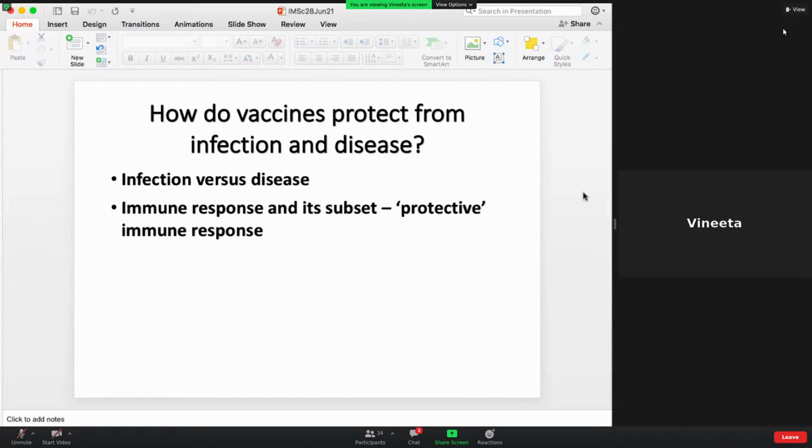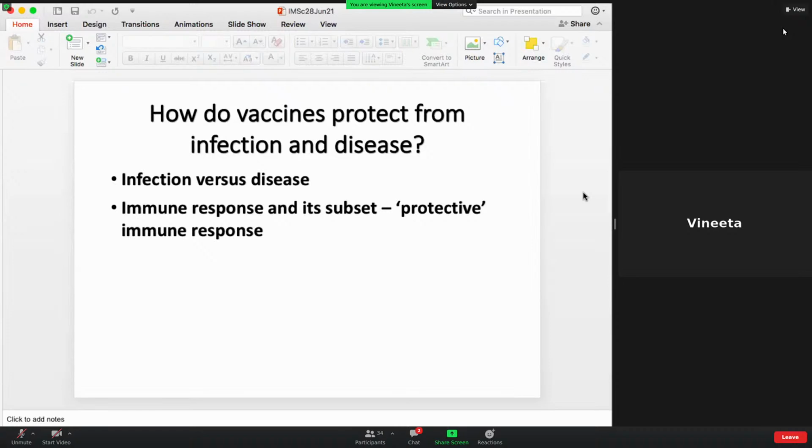Many infections come our way, and most of them go without development of disease. The immune response generated against the infectious agent is the one which normally prevents the development of disease. But the immune response is directed against multiple components of the infecting agent, proteins, carbohydrates, and so on and so forth.